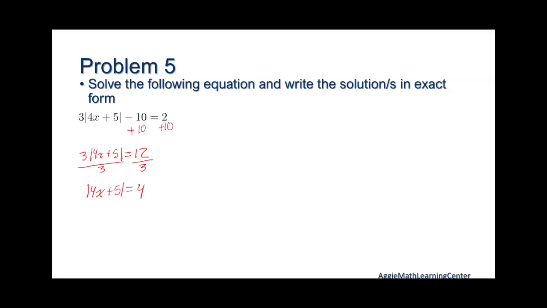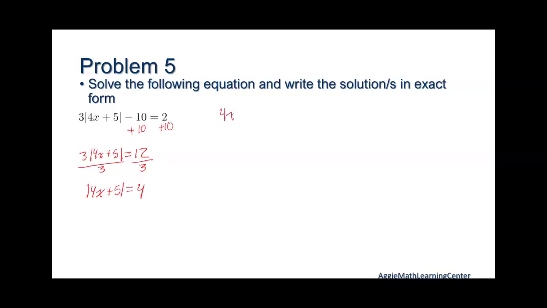All right. How many solutions are we going to get? 2. Why? Because it doesn't equal 0, and the other option is that if it's negative, then it's no solution. So it has to be 2 solutions. 2 solutions. All right. So what are our 2 equations?